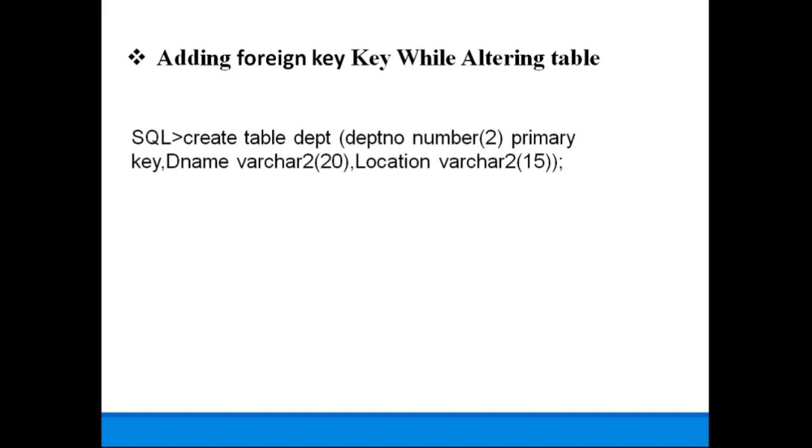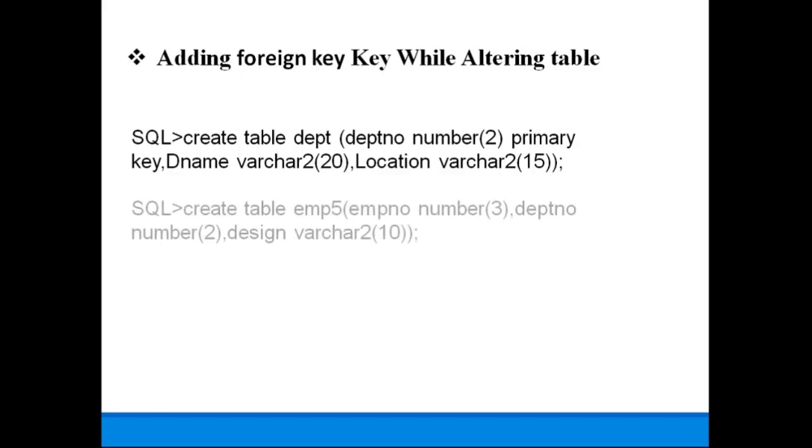Okay, by the alter table command we can add a foreign key constraint. See here, department is a table with the primary key department number, and employee 5 is a table, and in the employee 5 table there is no foreign key initially.